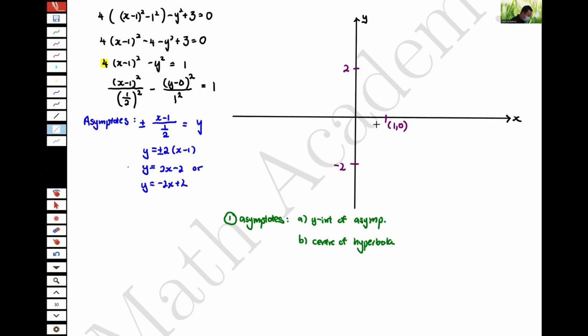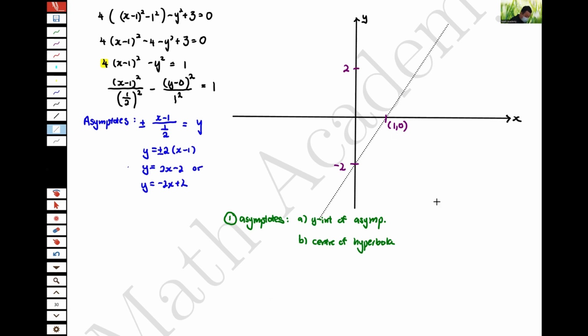Asymptote is a straight line that passes through these 2 points. It will pass through the center and its y-intercept. So we will connect up in dotted lines, please, for asymptotes. That's one asymptote.